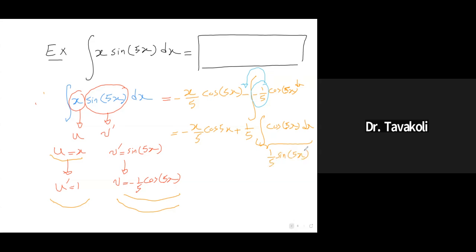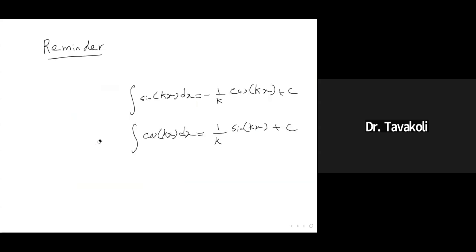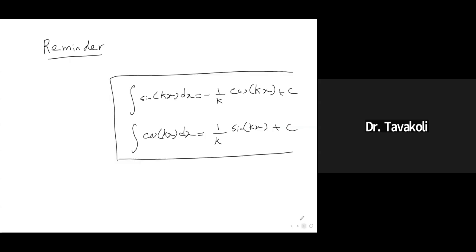So in fact, in this problem, we used both of these two formulas for finding the integral of sine of kx and cosine of kx. So now what's the final answer?